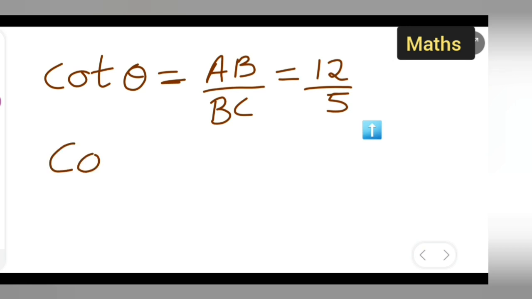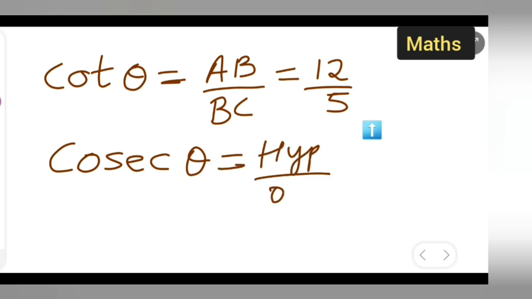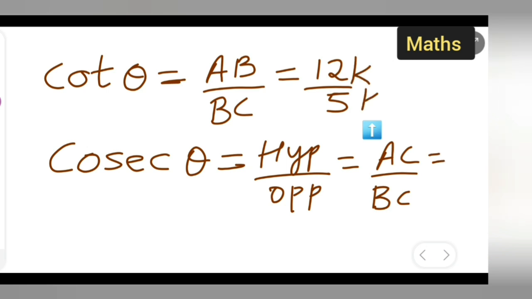Next, let us find cosec theta. Cosec theta is hypotenuse upon opposite, which means AC upon BC.